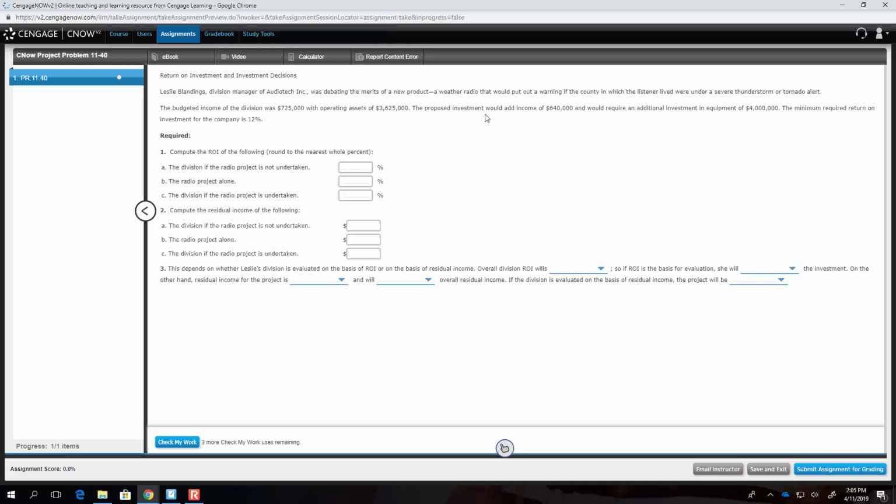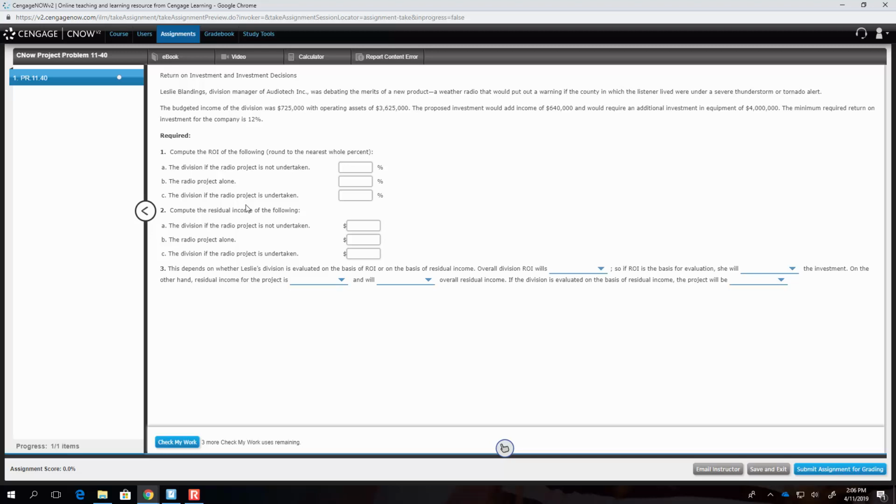Their new investment is actually more, as you can see here, $640,000 of income for an additional investment of $4 million. There's actually more investment going in than what they currently have for assets. So initially it's just by itself, then it's the project by itself, and then finally it's together. Both incomes added, both assets added to come up with a total.